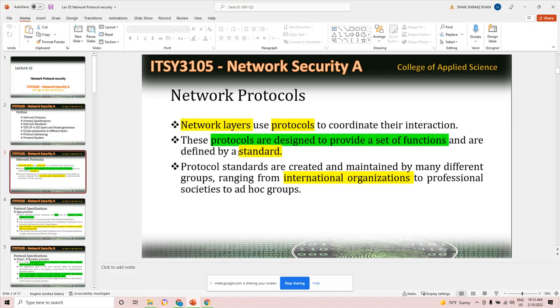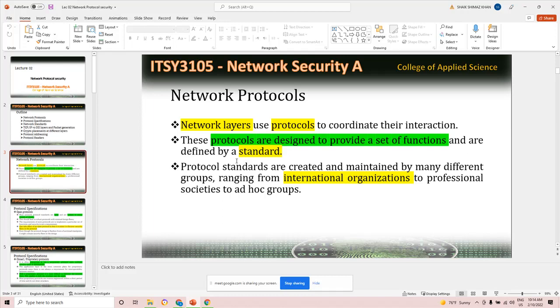The standard is very important. The protocols have to be standardized. Why do they have to be standardized? I will give you brief information for your understanding. We have many types of systems, for example hardware and software. Take laptops: we have HP, Dell, Apple, and mobile devices like Samsung and Apple.